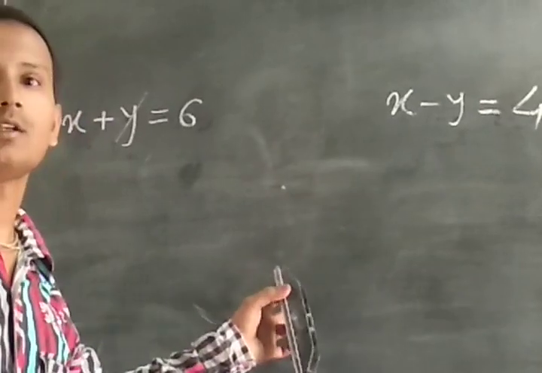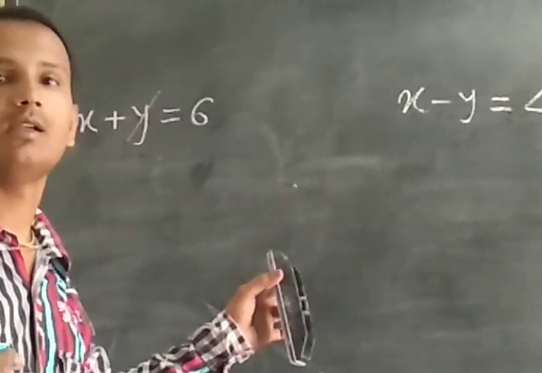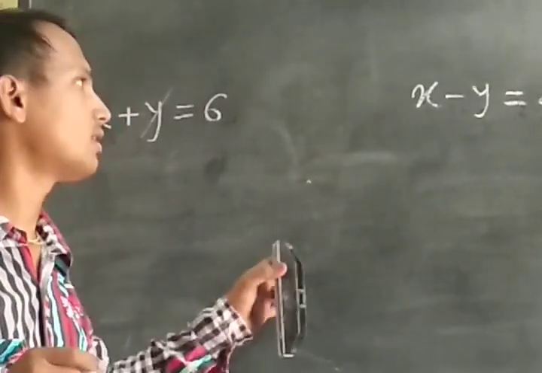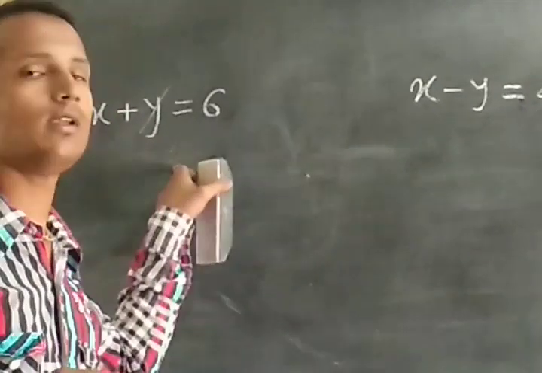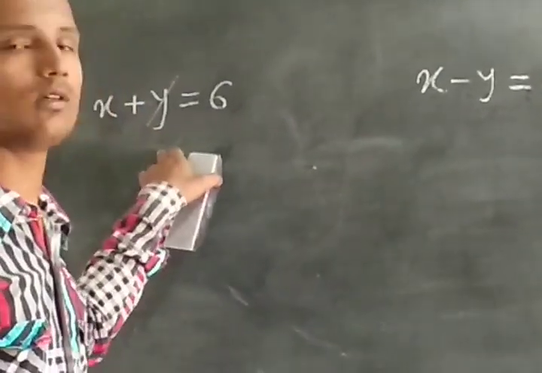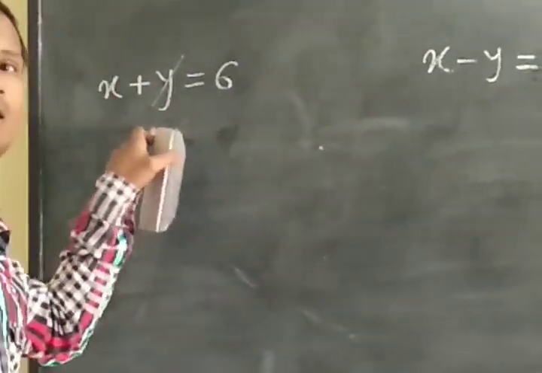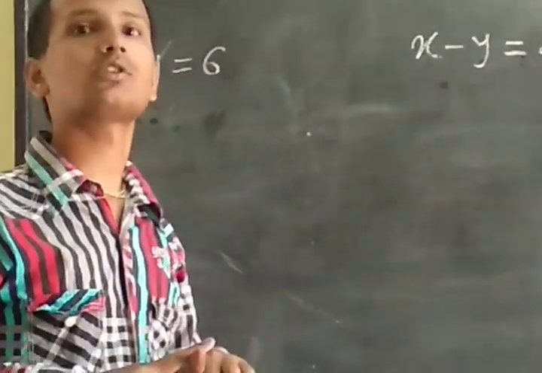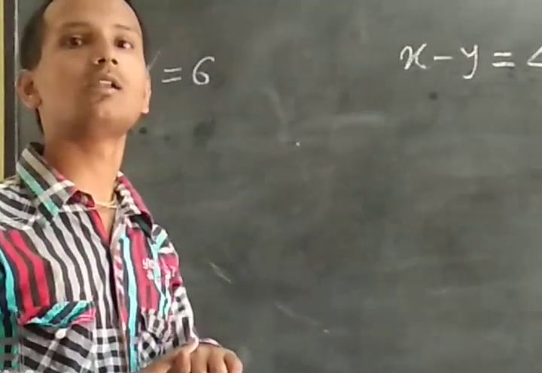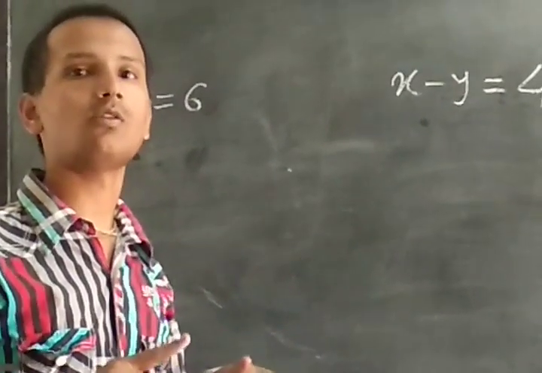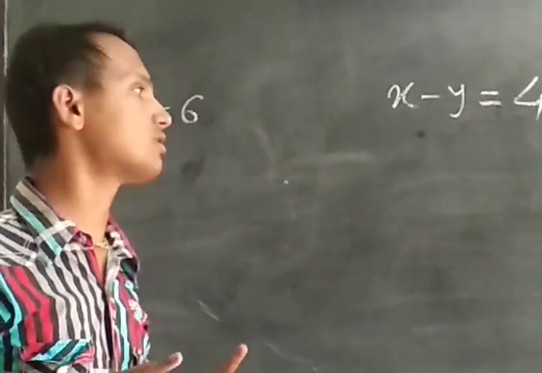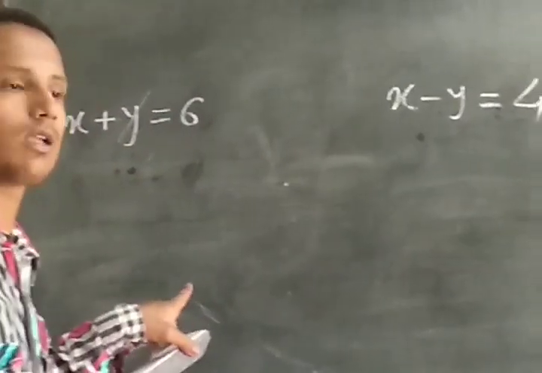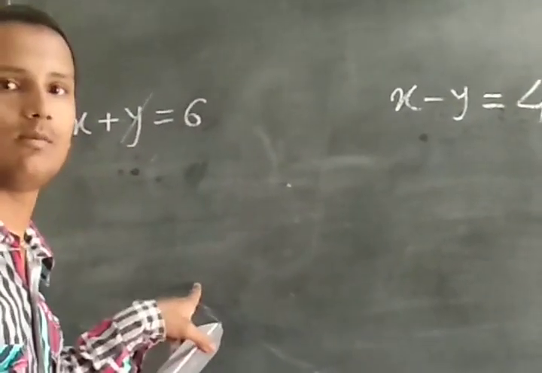Plotting those points on graph paper we get a line. Thus we get two straight lines, one for this equation and another for that equation, and the point of intersection of those two lines represents the solution of the two simultaneous equations that we have just calculated by the elimination method.